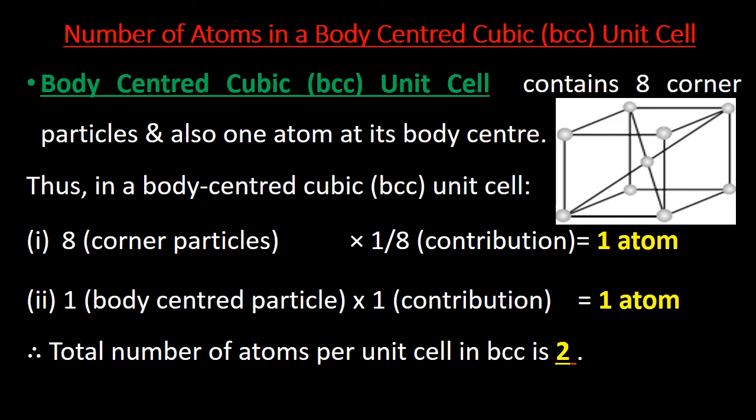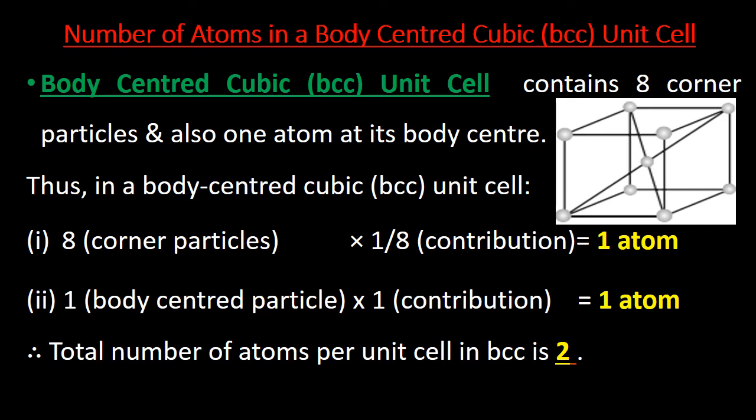Let us know how to calculate the number of atoms in a body-centered cubic unit cell. A body-centered cubic unit cell contains 8 corner particles and also 1 atom at its body center, which you can see in the diagram.